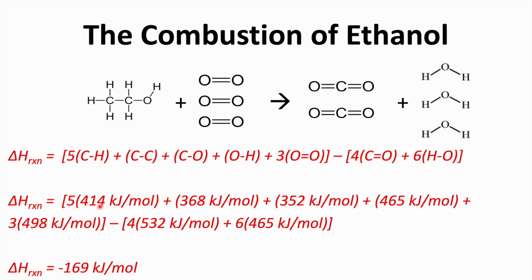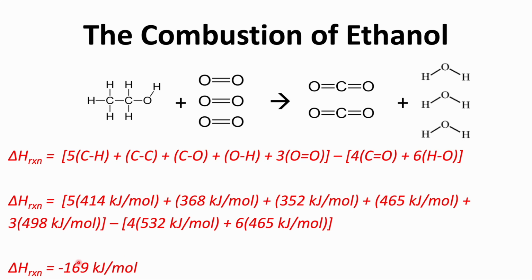So we end up with 5 times 414 kilojoules per mole plus 368 kilojoules per mole plus 352 kilojoules per mole plus 465 kilojoules per mole plus 3 times 498 kilojoules per mole, and that is the energy of our bonds broken, minus 4 times 532 kilojoules per mole plus 6 times 465 kilojoules per mole, and these are our bonds formed.